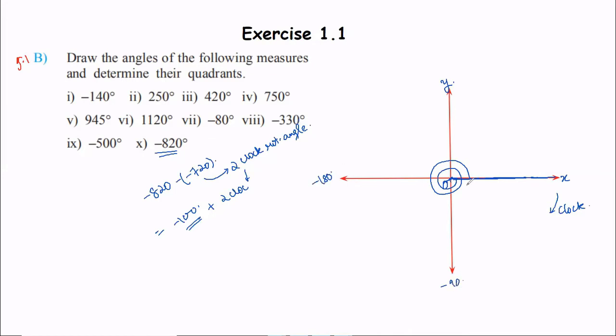The angle will lie somewhere between minus 90 and minus 180, somewhat like this. So this is your angle minus 820 degrees. Okay. And it lies in which quadrant? It lies in the third quadrant. Okay. So that's the solution for question 1b.